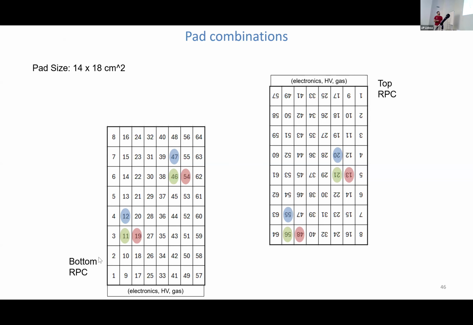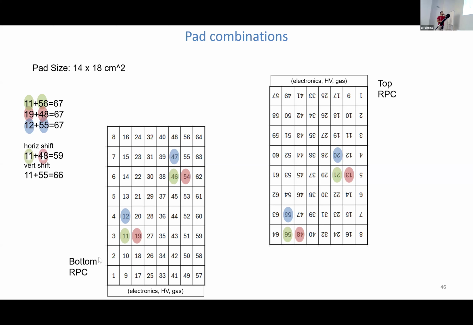If you make the sum of the pods that are coincident, so this one is coincident with this one, you sum up 67. It's the same for the pod on the side, and you also sum 67, and it's the same for the pod on the top, the 12 and the 55, and you also sum 67. So coincident pods always sum 67, and that would be the ideal world, let's say, if everything was working well.